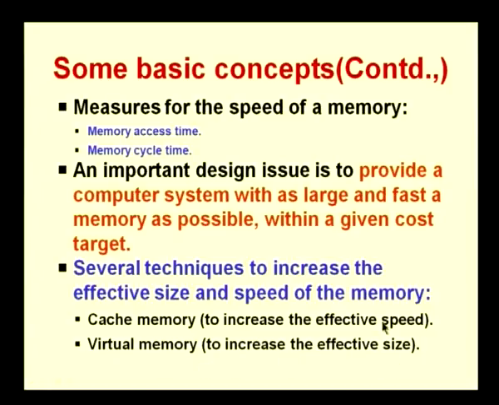So, there are three factors that we need to look at: speed, size and cost. There are various techniques that we use for this. We will first take a look at the different devices that are available, and then we will look at how the cache memory is constructed and integrated in the memory system, how the virtual memory is used, and how that is integrated in the memory system, and so on.